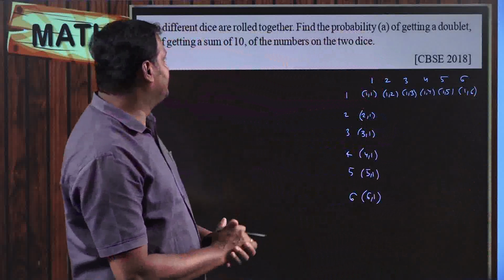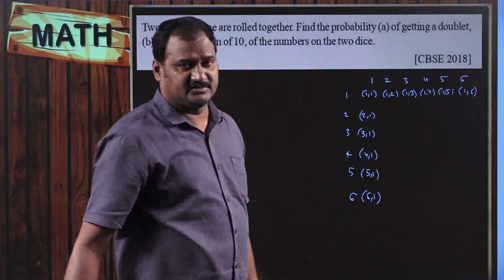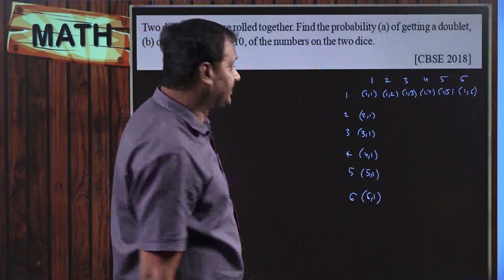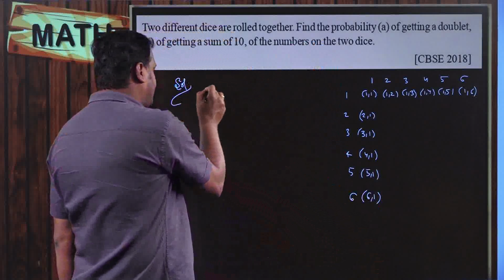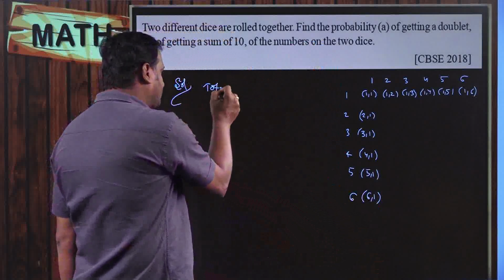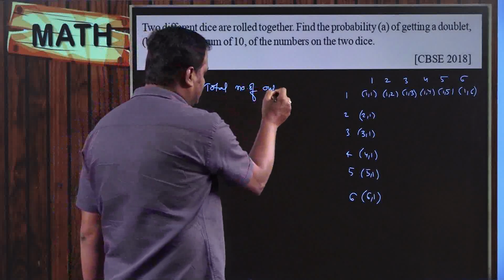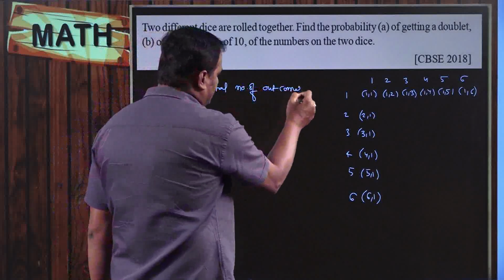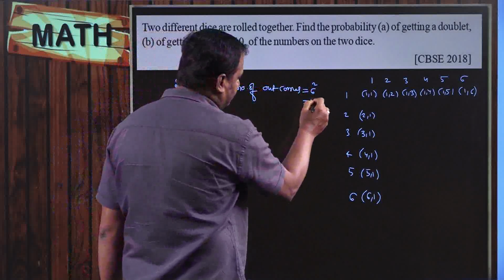But here the first thing is the total number of outcomes. What is the total number of outcomes when you are rolling 2 dice? I am going to write that. The total number of outcomes is equal to 6 squared, which is equal to 36.